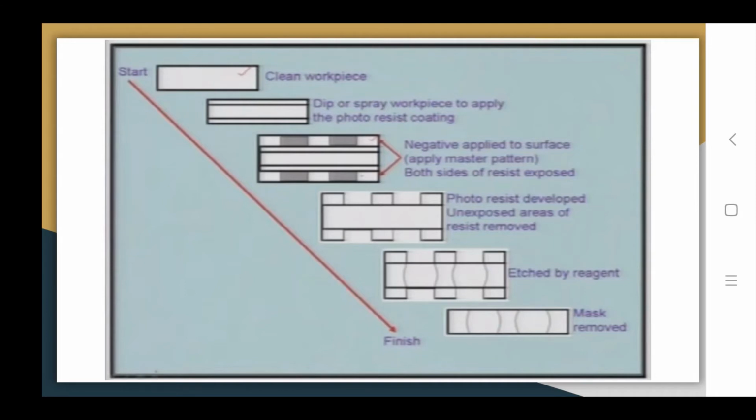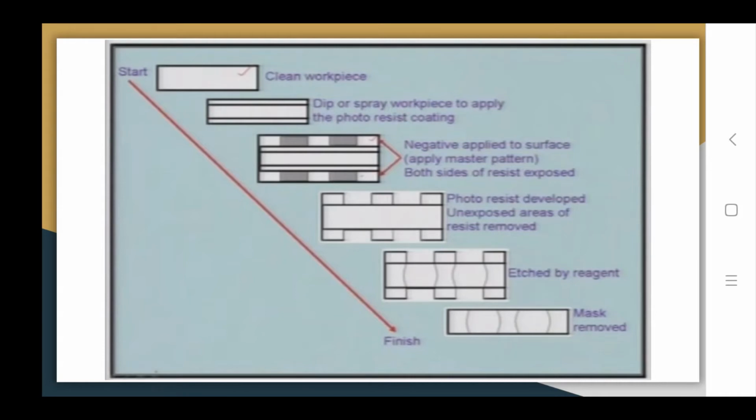Now, after applying the photoresist, the unexposed area of the resist is developed and removed. Okay, this is a step. So you can see here, these are the areas where the material will be removed. Then it is dipped inside the etchant bath, and you can see it is etched by the reagent.